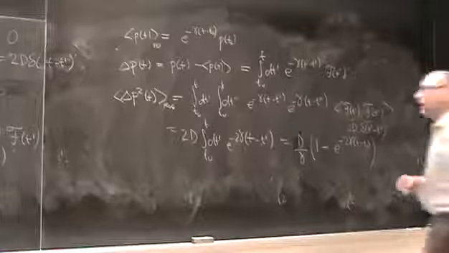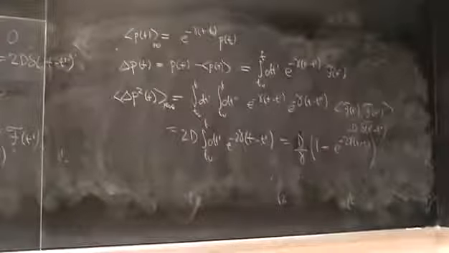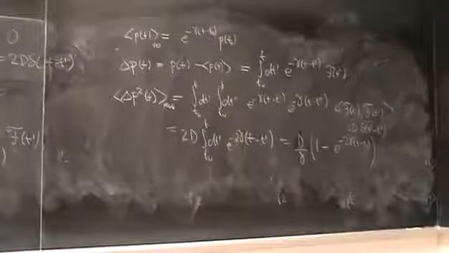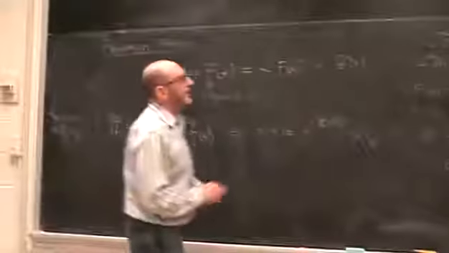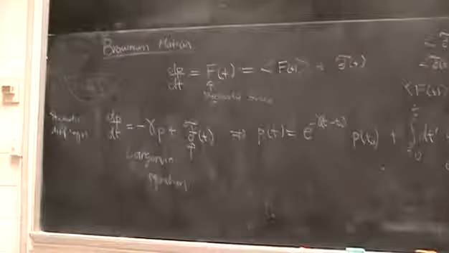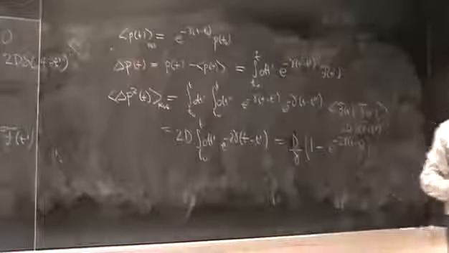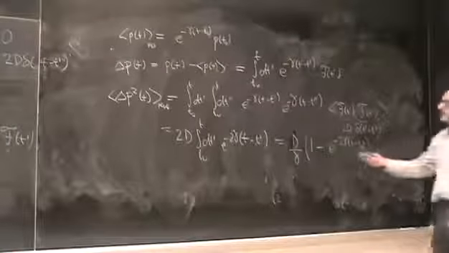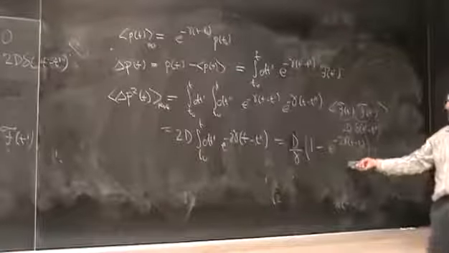So what the Langevin equation tells us is two things. Firstly, on average, the momentum is damped. But in addition, there are fluctuations around that average, and those fluctuations change as a function of time in this manner.